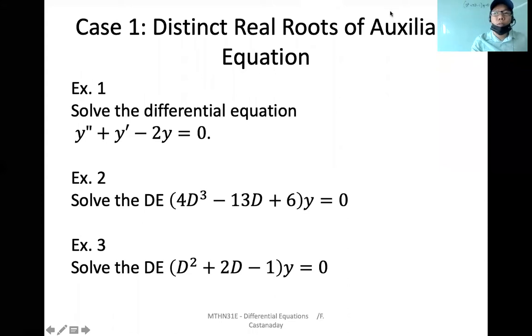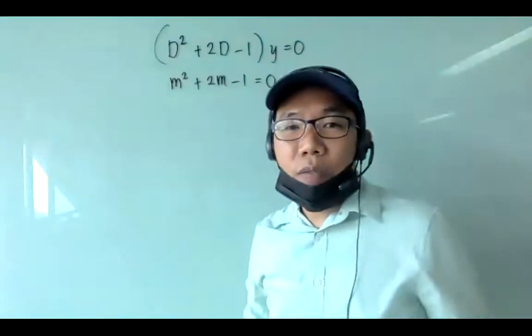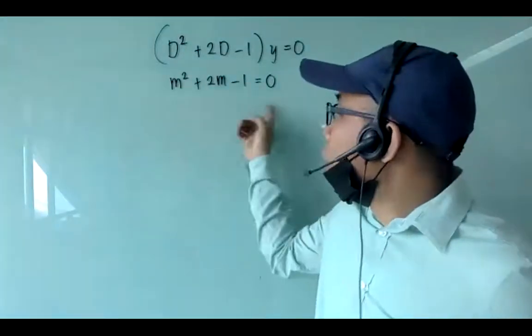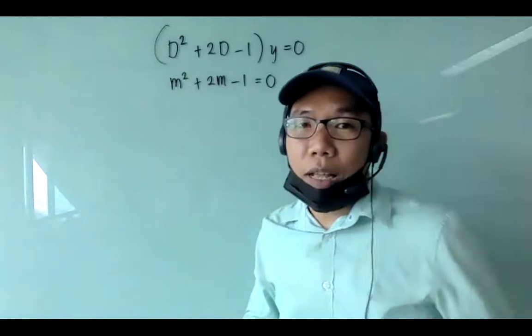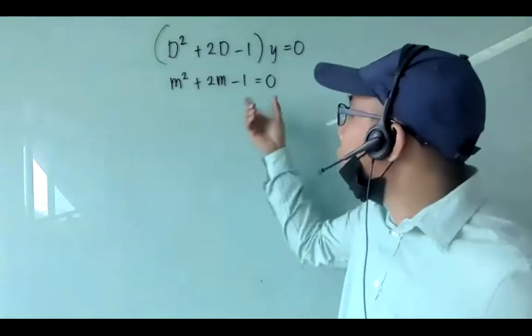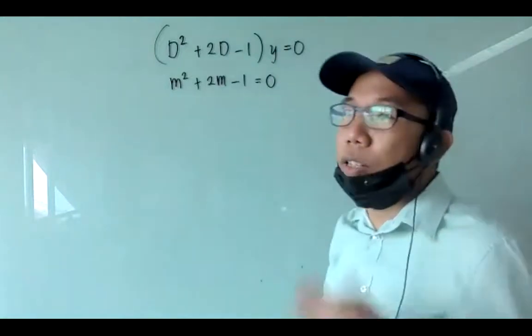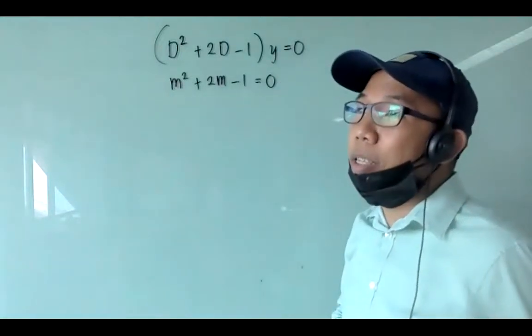Pause ko muna. So we can solve the roots of this equation by quadratic formula. Kasi pag by inspection to, hindi mo kaagad, di ba? Kasi positive 2m gitna, tsaka yung factors is negative 1 times positive 1.